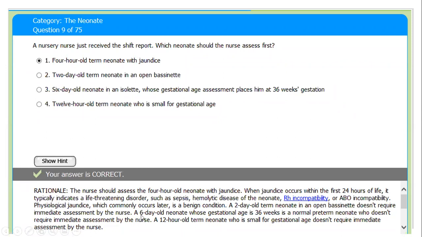A 6-day-old neonate whose gestational age is 36 weeks is a normal preterm neonate who does not require immediate assessment by the nurse. And also a 12-hour-old neonate who is small for gestational age does not require immediate assessment by the nurse.